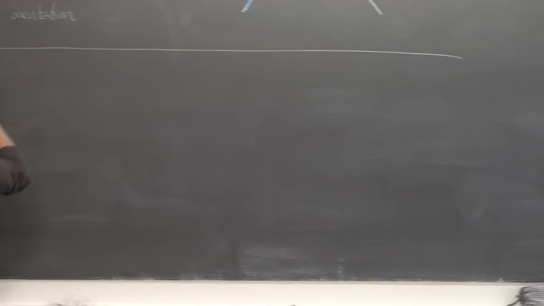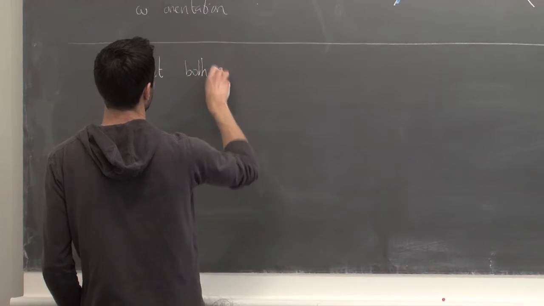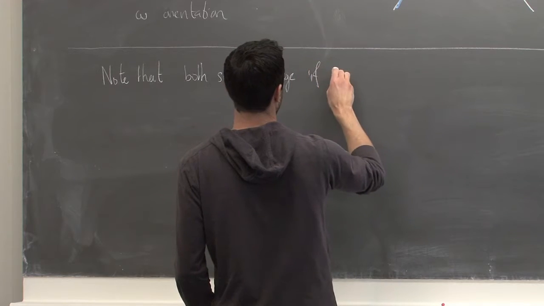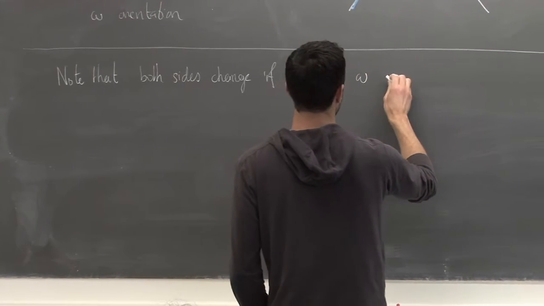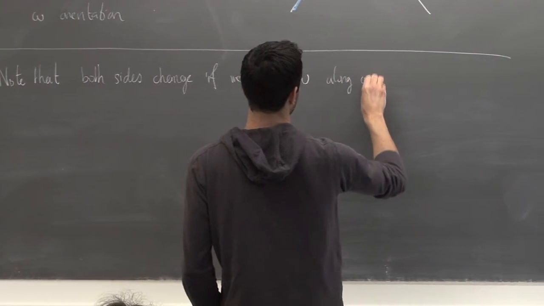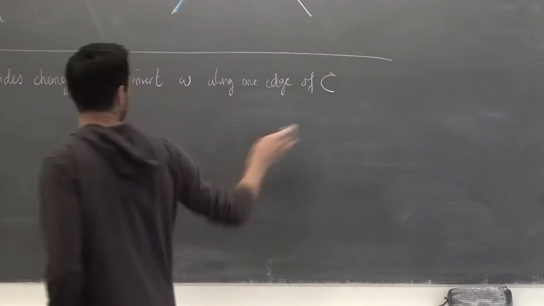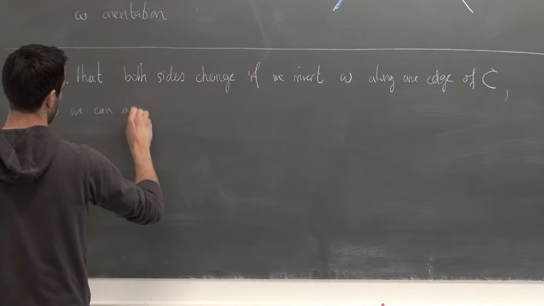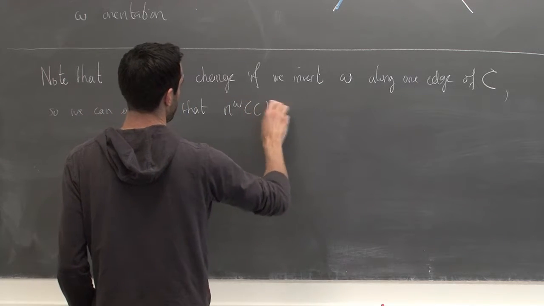So note that both sides change parity if we invert omega along one edge of C. So we can assume that n omega of C is equal to 0.